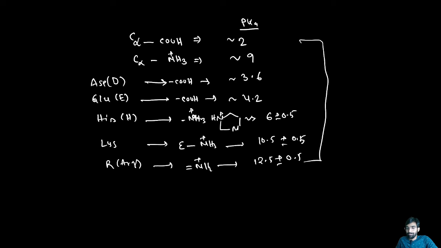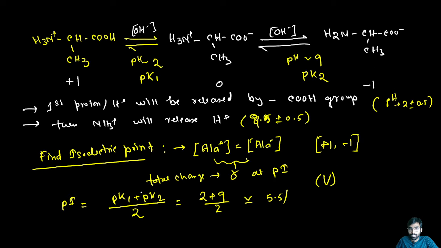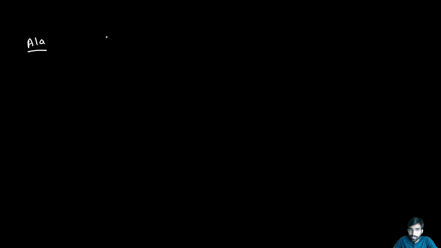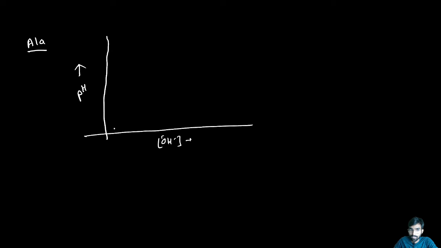Now if I tell you to draw the titration plot for alanine, just go back here, right? So at 5.5 there is a similar amount of positive and negative charge, right? Now in the y direction it's written as pH, and in the x direction I am writing OH minus.